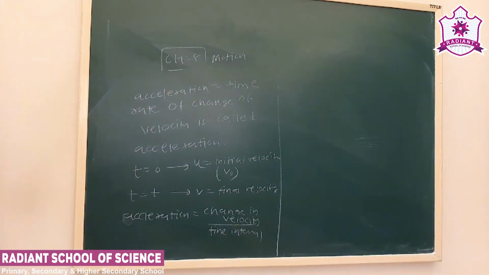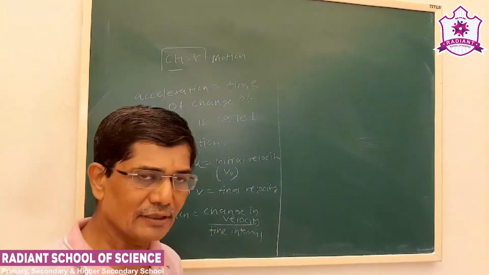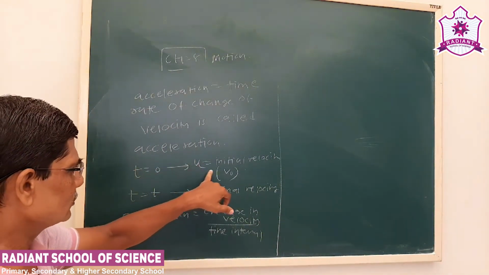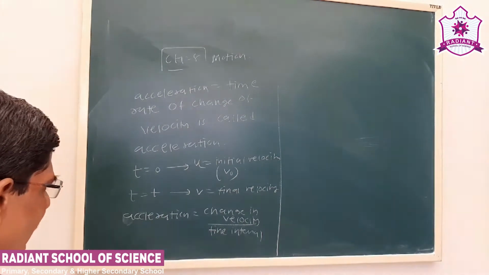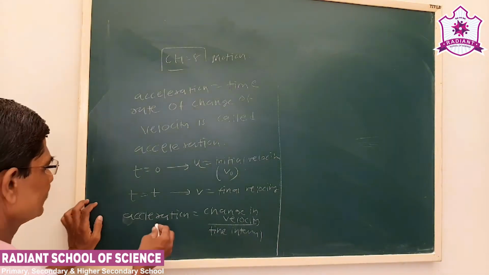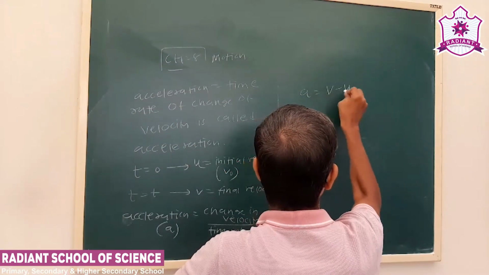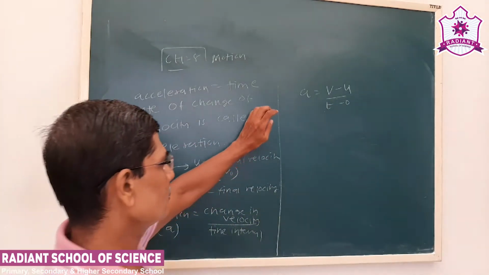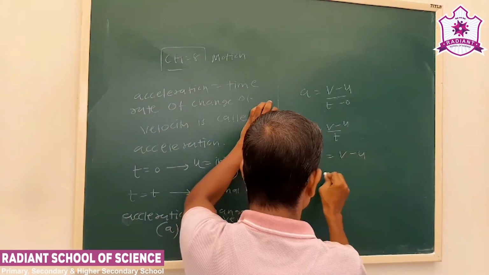Different books use different notation, so it can be u or v0, one and the same. At time t, the final velocity. Acceleration, symbol is a, is change in velocity. What is change in velocity here? v minus u upon time interval t minus 0. Okay, so a is equal to v minus u upon t. at is v minus u.